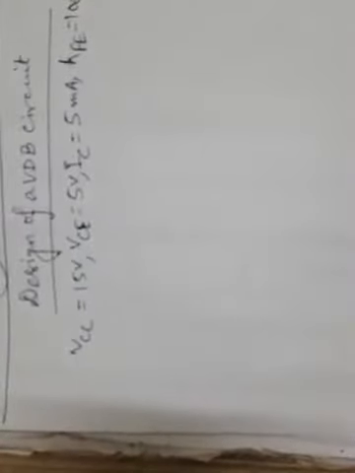So you know how to draw the voltage divider circuit. Now, without extending our discussion about drawing the circuit, let us go into the design directly. In the voltage divider circuit, you have seen that we have devised some design equations.